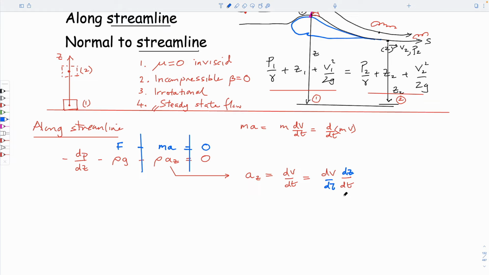Change in location with time is equal to velocity. So this is equal to velocity times dv/dz. This is a velocity, and this is kind of an acceleration. It's how velocity is changing, not in time, but in space. So as you go from upstream to downstream, if it's changing velocity, then this is what we call a convective acceleration.